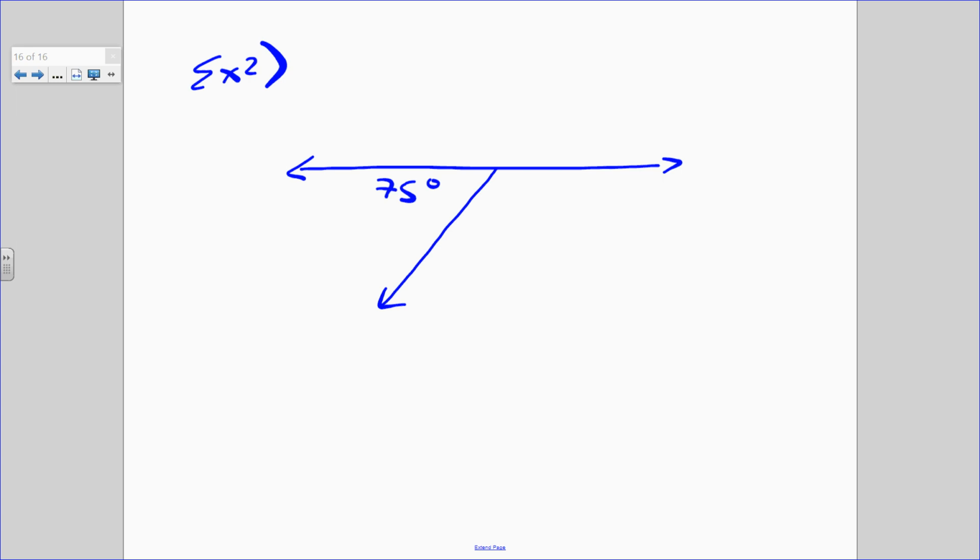And let's say this angle is x plus 30 degrees. All right, so we have a situation.